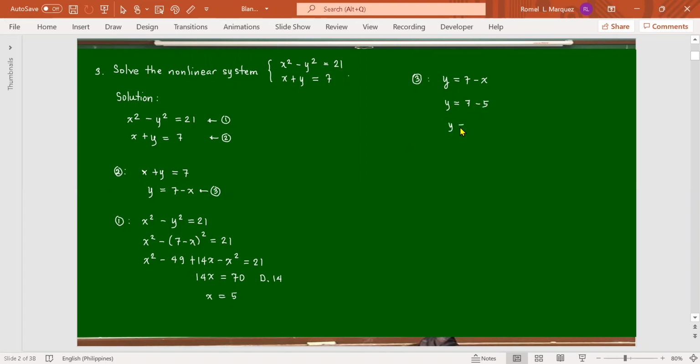Therefore, y is equal to positive 2. So we can express our final answer in terms of an ordered pair of numbers. So that is 5, 2 as coordinates. So hence the answer is the point 5, 2.